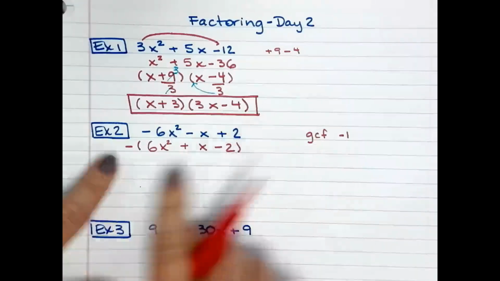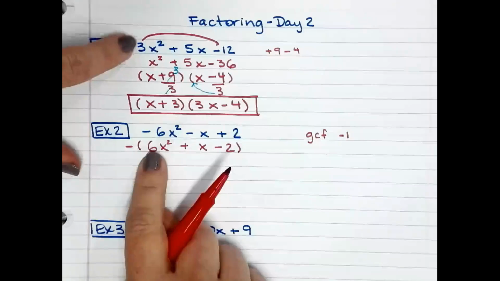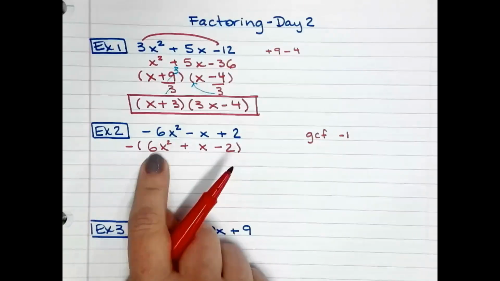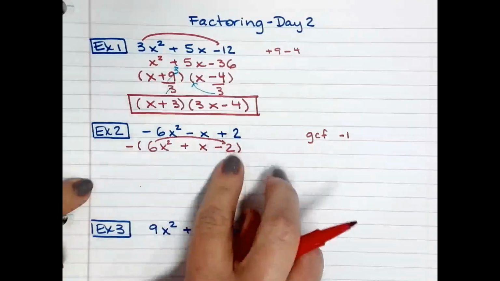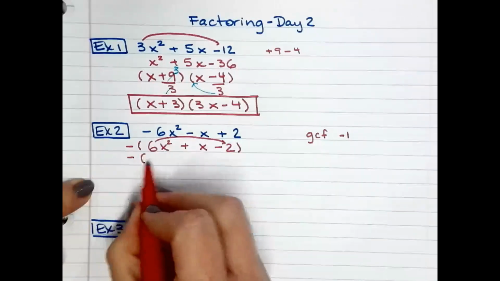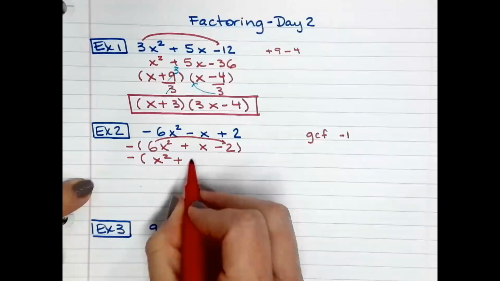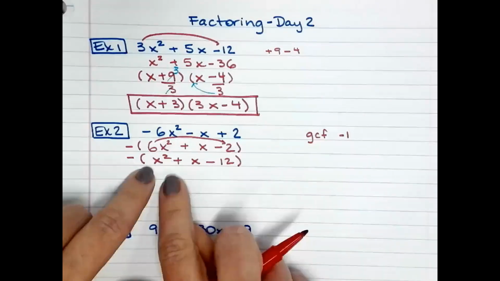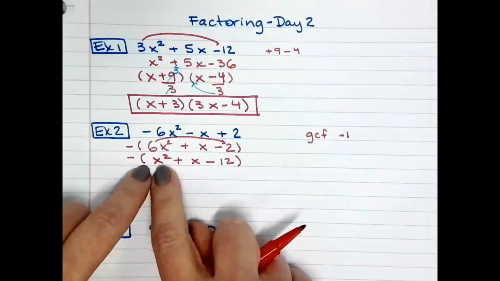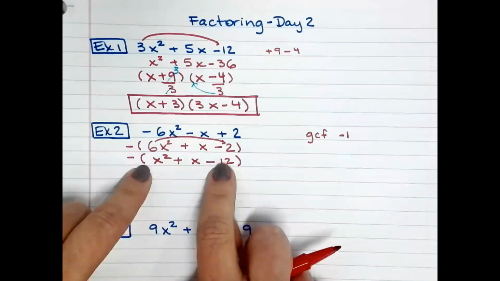Okay. Now, if it wasn't for this negative, I would have a question just like the first example. Where I need to get the 6 multiplied by the 2. So I have x squared plus x minus 12. Again, now when I have the leading coefficient 1, I can just factor mentally.